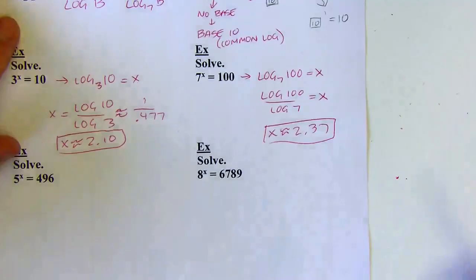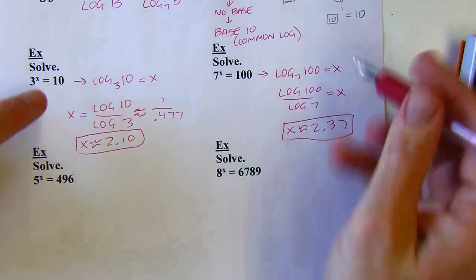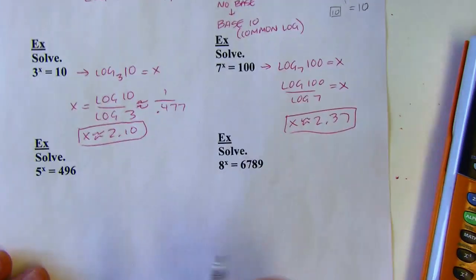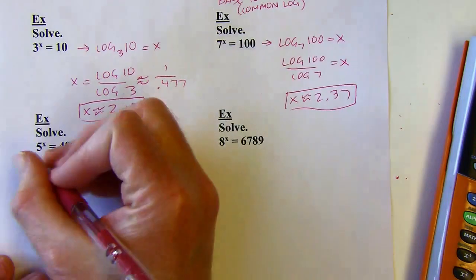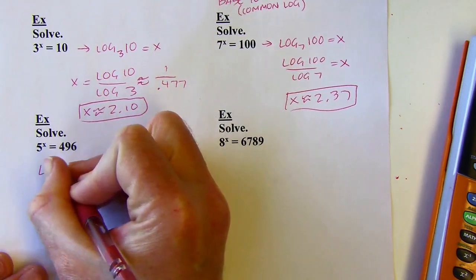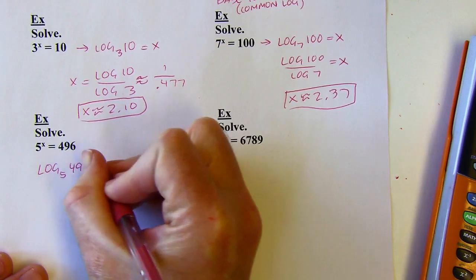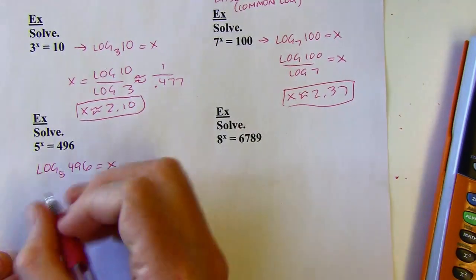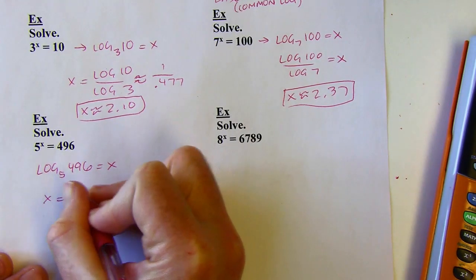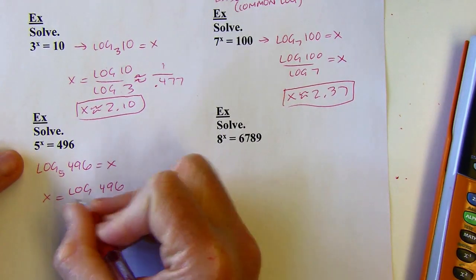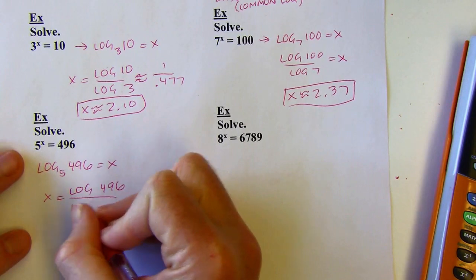Okay, so once you get the hang of this, the big part is rewriting the equation in log form, and these go pretty quickly. So log, my base is 5, the 496 is going to be the contents of the log, and the x gets isolated. And then typing that in my calculator, you'll probably get to the point where you won't write this step down to change the base, and that's okay.